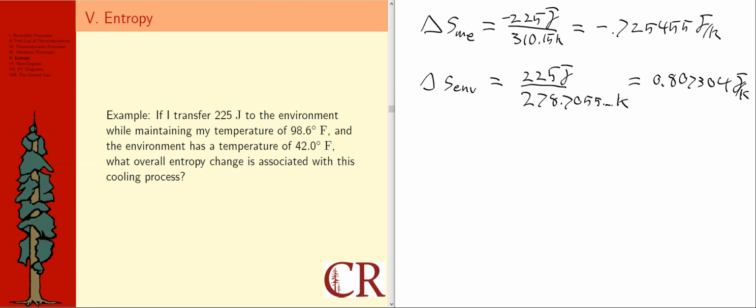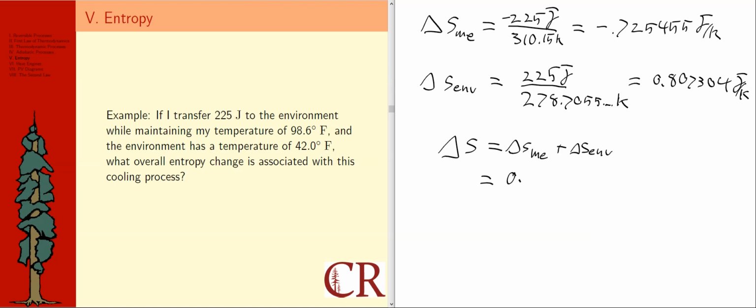And then if I add these two, I'm going to look at the overall entropy change as the sum of the entropy change for me plus the entropy change for the environment. So that would mean I'd add this negative number to this positive number. And naturally, since I'm not too fond of doing arithmetic by hand, I had my calculator do this.